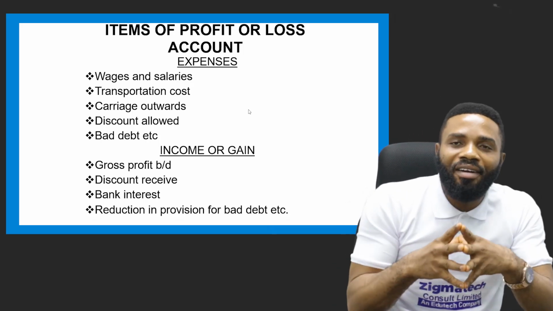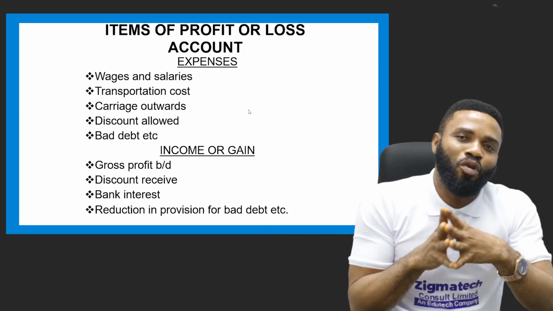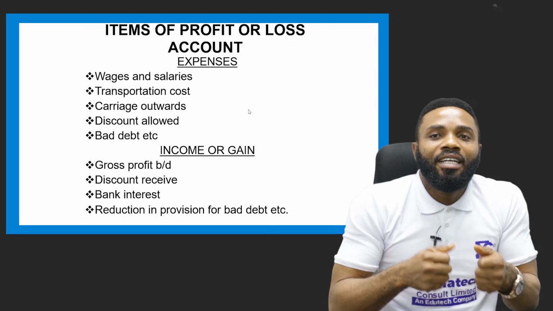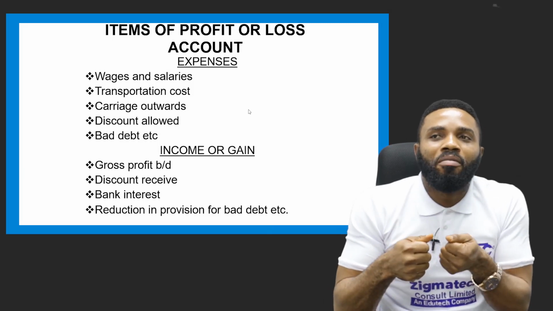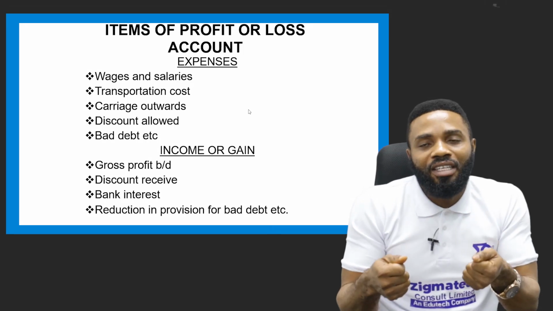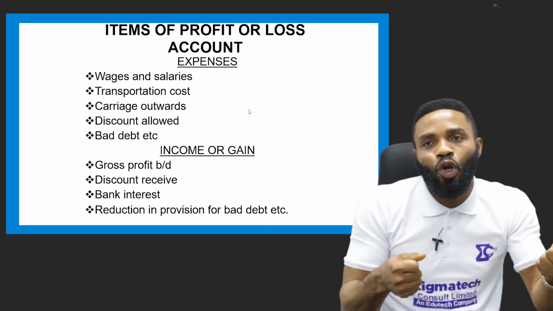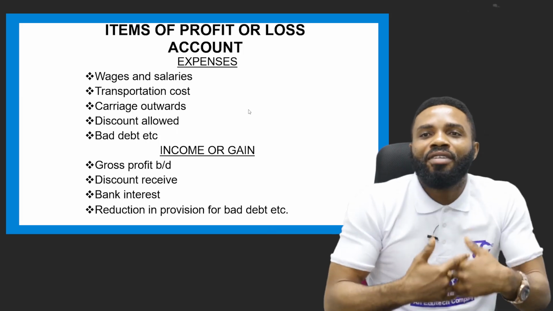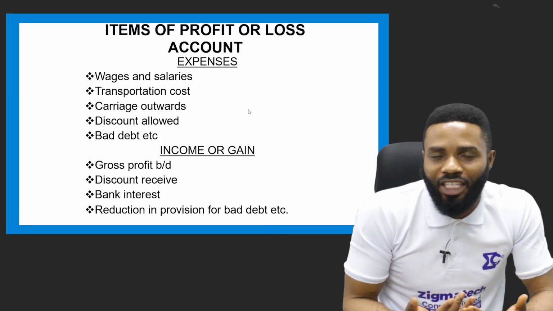We also know that carriage, sometimes this is related to a manufacturing company, where they have to pay certain costs, or they have to transport certain materials to the destination of their customers. And then discount is something that every average businessman or woman will experience.